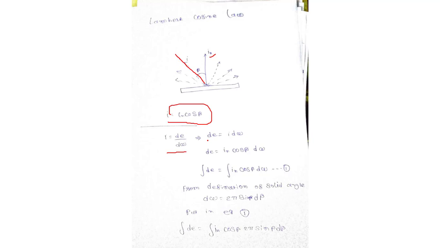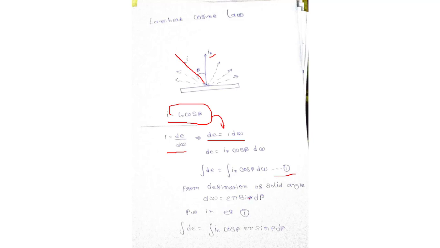From that we can write dE is equal to I into d omega. Now according to Lambert cosine law, I is In cos beta. Integrating on both sides, we get the integration of dE is equal to the integration of In cos beta d omega. This is equation number 1.